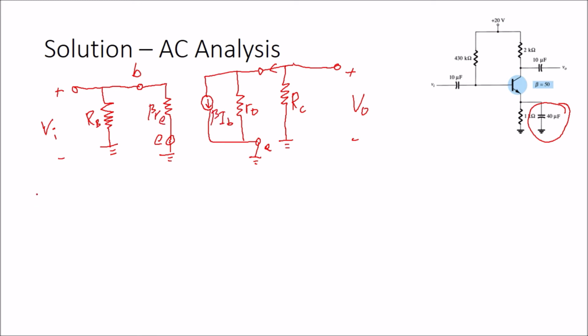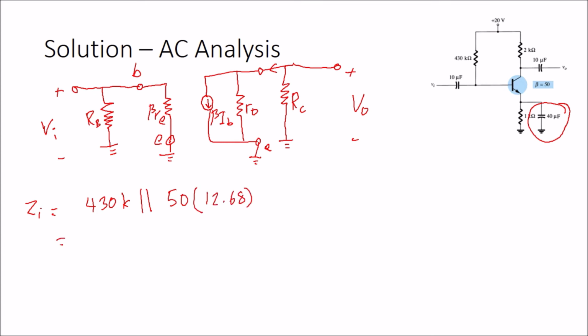The value of Zin is very clear, which is RB parallel with beta RE. So the value of RB is 430 kilo ohm, parallel with beta, which is 50, times the value of RE, which is 12.68.